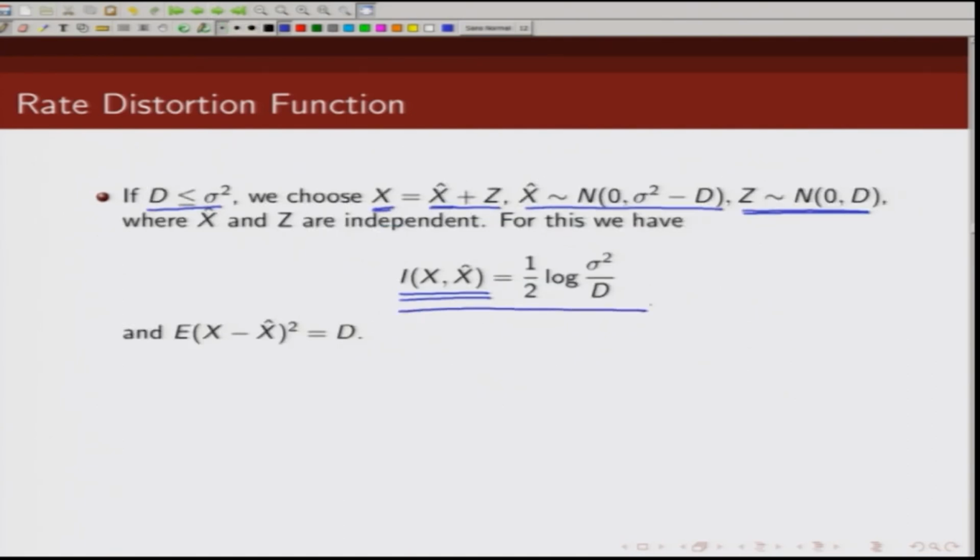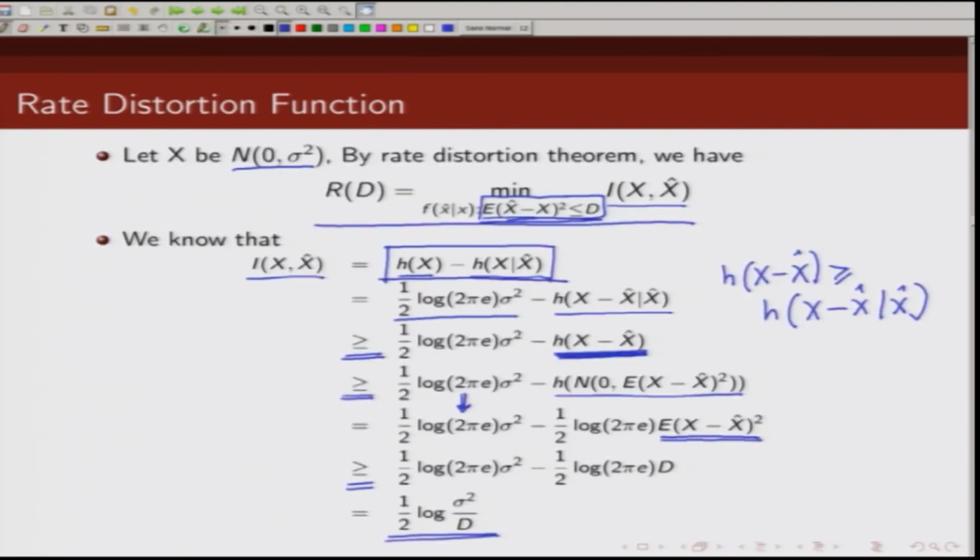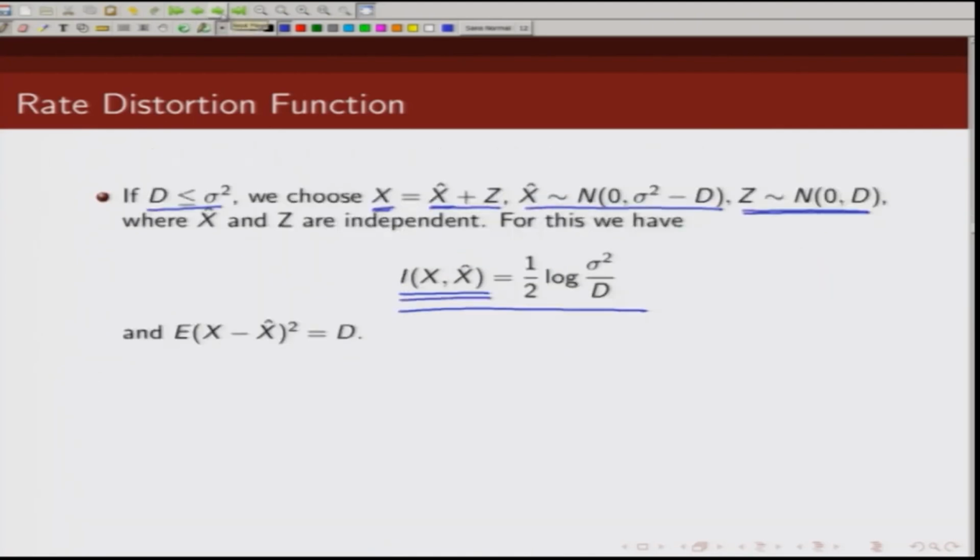It comes out to be half of log sigma square by d, and this is precisely the lower bound that we computed here. So, what we have shown is that this mutual information is achievable if we take our x hat and z in this particular way.